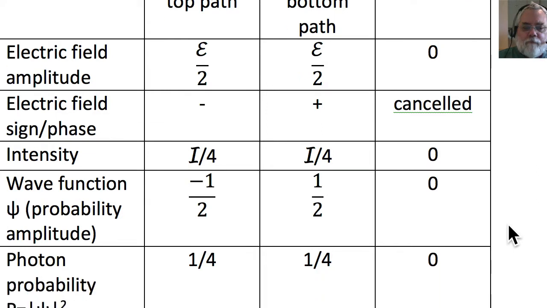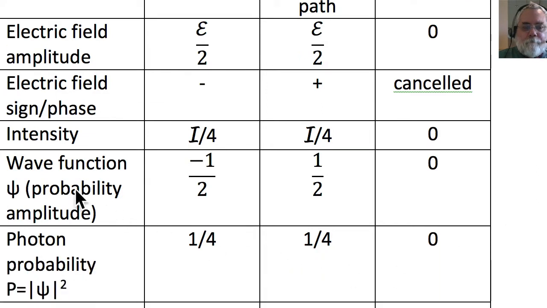Now let's look at the wave function. The wave function heading toward detector D1 was minus 1 over 2 due to the top path and plus 1 over 2 due to the bottom path.